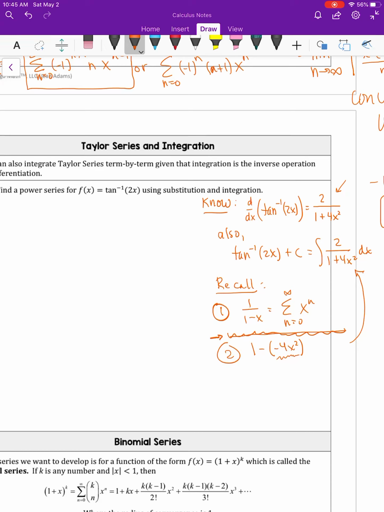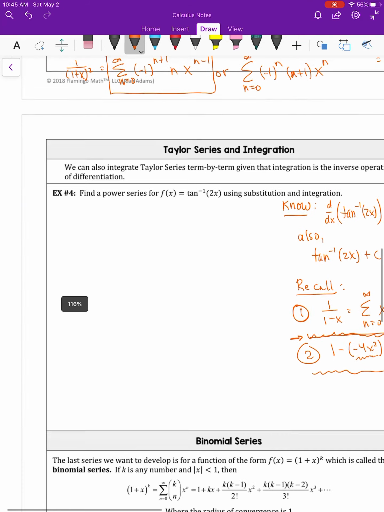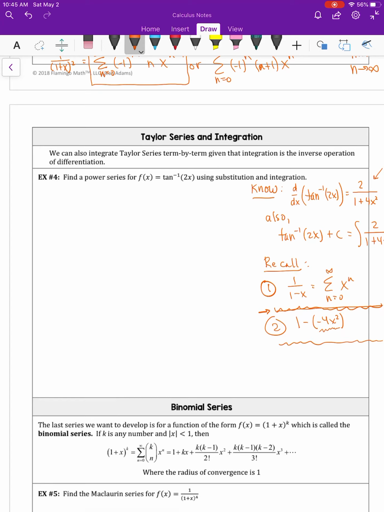So this would be like your x. That's not a division sign. The second thing we need to look at is, how do I write that so that my x is negative 4x squared. And then the next thing, well, it's coming, okay? Because I kind of am looking at my notes here.